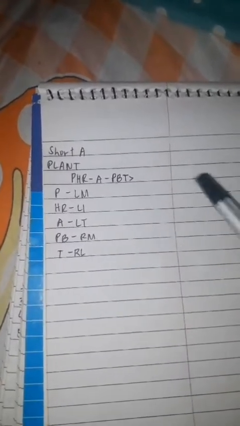The assigned fingers for this are: for P, left middle; HR, left index; A, left thumb; PB, right middle; and T, right little.